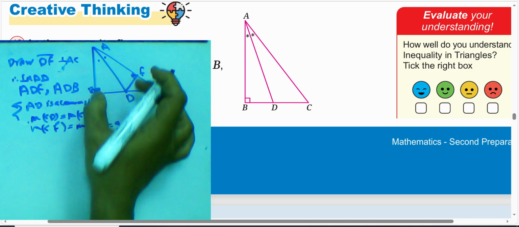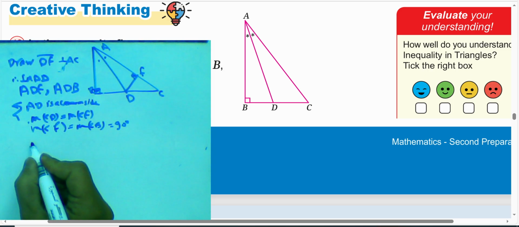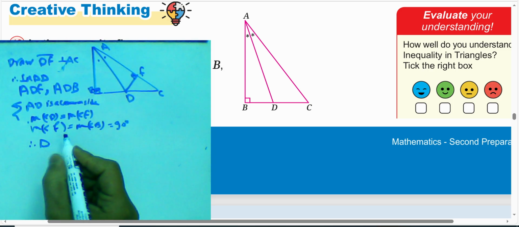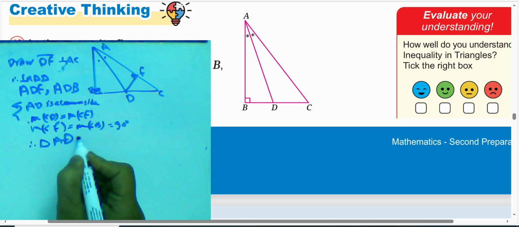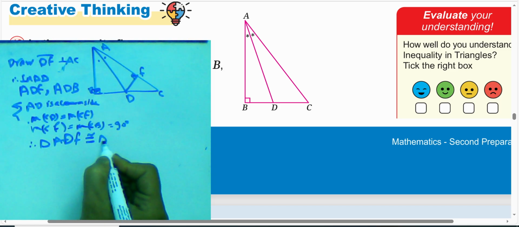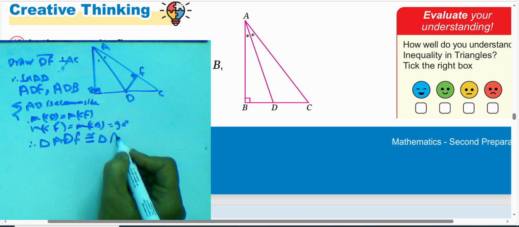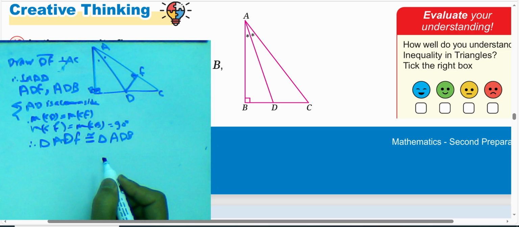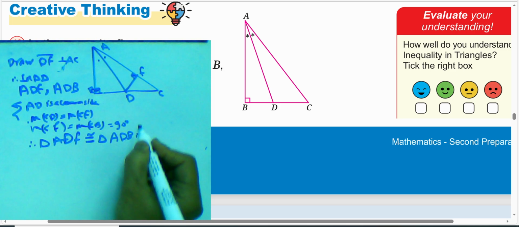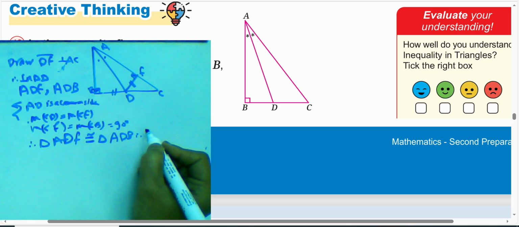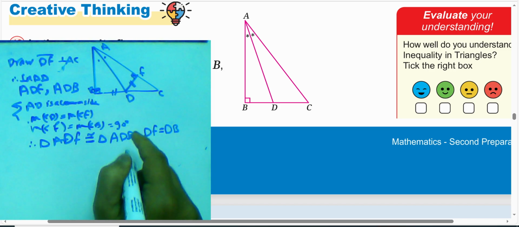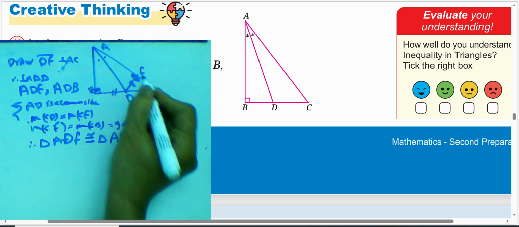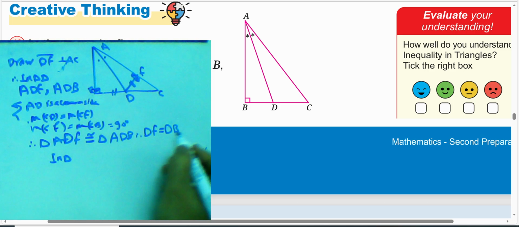They are equivalent in measure. Then the two triangles will be congruent. Triangle ADF will be congruent to triangle ADB. They are congruent, then this line segment equals that line segment. Then DF equals DB, relation number 1.